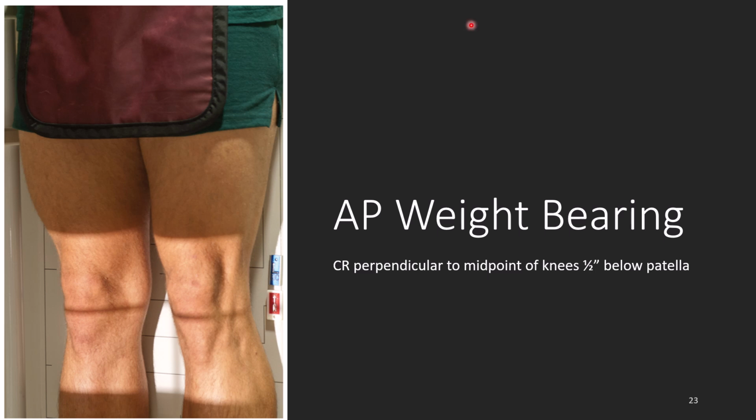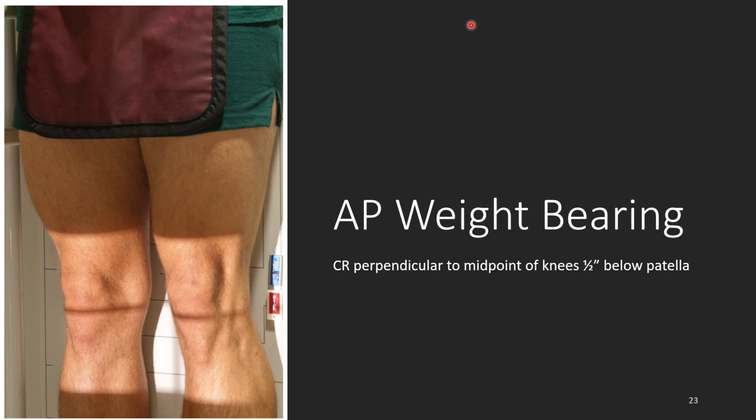Advent's protocol is that knees, hips, and ankles should be done weight bearing anytime the patient is ambulatory, meaning they come in walkie-talkie. Then all of those images should be done with the patient's own body weight, because it definitely shows the joints and how they behave under the weight of the patient.